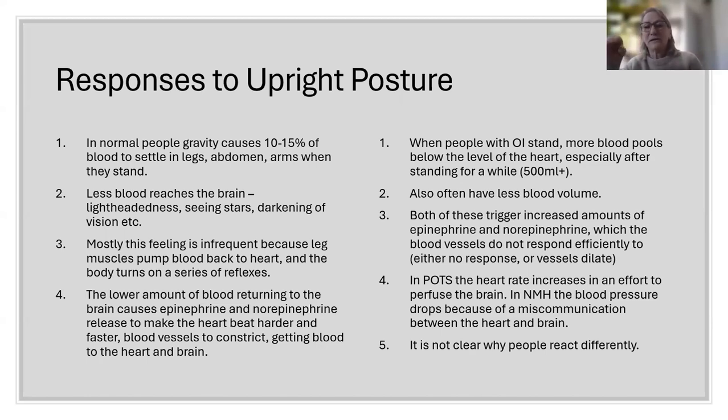And both of those things, the blood pooling and the low blood volume, trigger increased amounts of epinephrine and norepinephrine to be released. What happens is that the effect on the blood vessels is inefficient. So they either don't constrict well, or they don't constrict at all, they actually dilate.